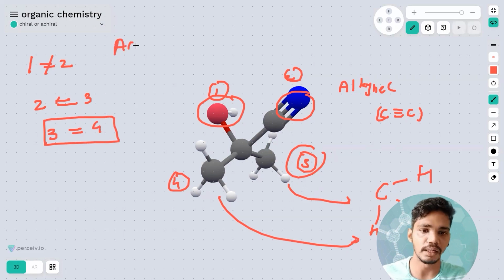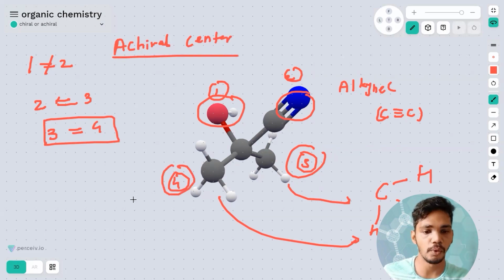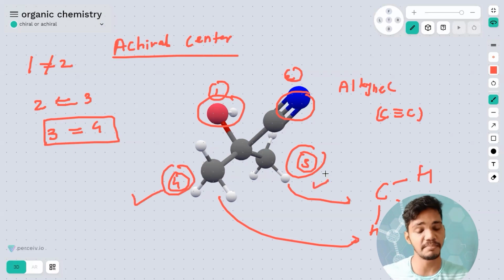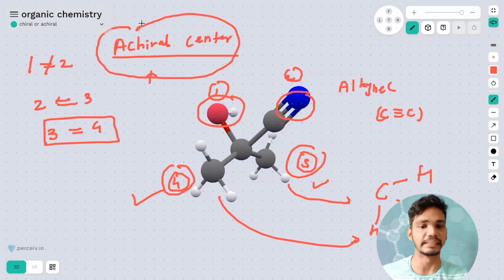So this is called an achiral center, meaning a minimum of two groups are the same. So 4 and 3 are the same, and because of that this molecule is called achiral. Let me say it again: an achiral center is one that has a minimum of two same groups. If there are four different groups, it's called chiral.